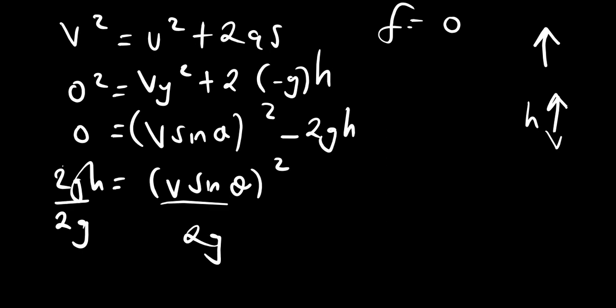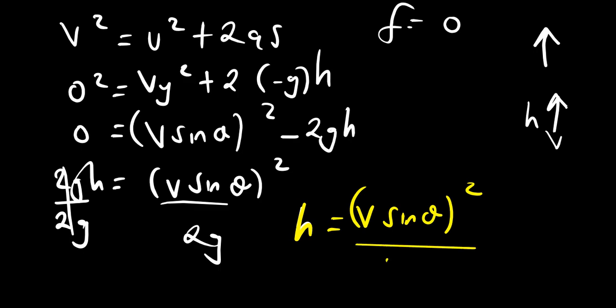So our h in this case will just be equal to V sine theta squared over 2g. Now if we distribute the square on top, it will be V squared sine squared theta over 2g.